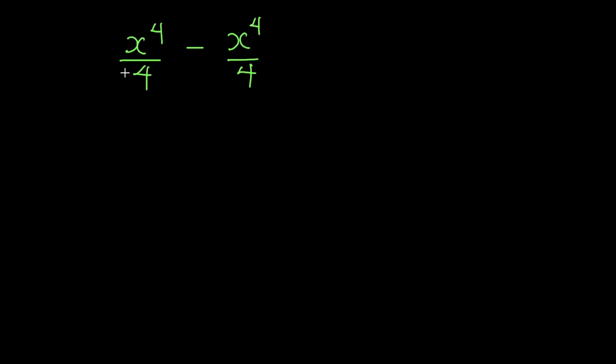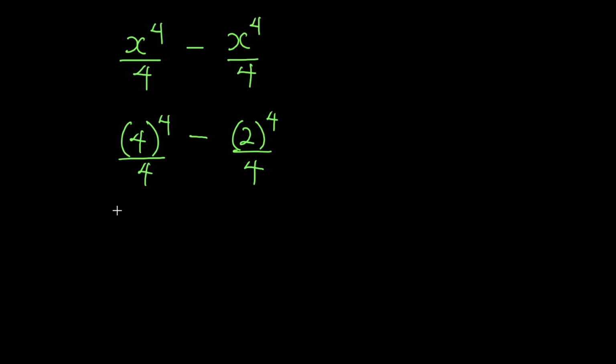The upper boundary was 4. So we are going to put 4 wherever we have x. So this becomes 4 raised to the power of 4 over 4 minus 2 raised to the power of 4 over 4. Remember, the exponent tells us the number of times the base repeats itself. So this means 4 is multiplying itself 4 times, and that is 256.